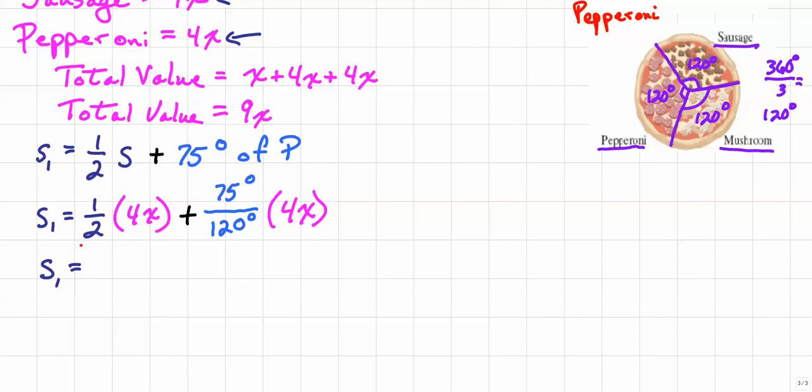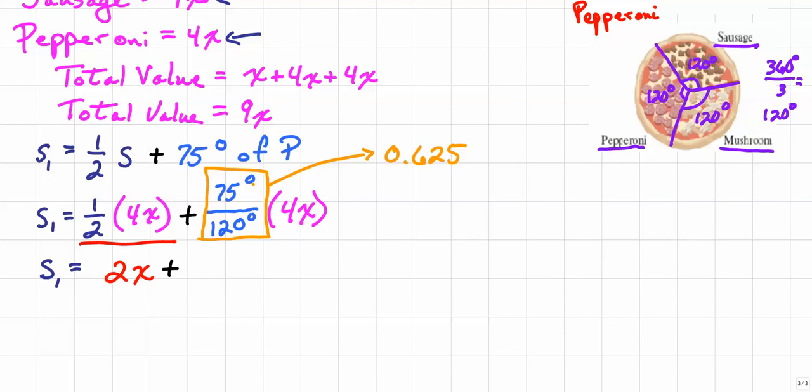So this one right here, 1/2 times 4x, is simply going to be 2x. And we're going to add to that. Well, let's go ahead and determine what this particular ratio of 75 degrees over 120 degrees is.